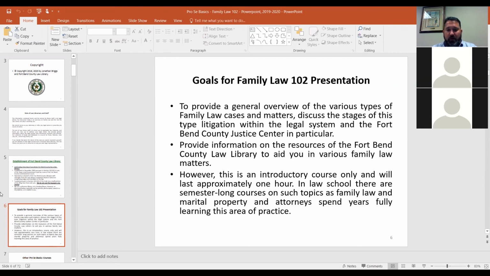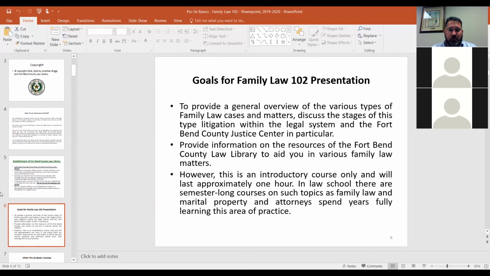We're working on a reopening process for the whole library system as far as the general public, but that's in the works. It doesn't mean we can't help you. We can help via email, we can help via phone. And if you come to the Justice Center here, if you're out in the hallway, we'll come out in the hallway and help you as best we can.